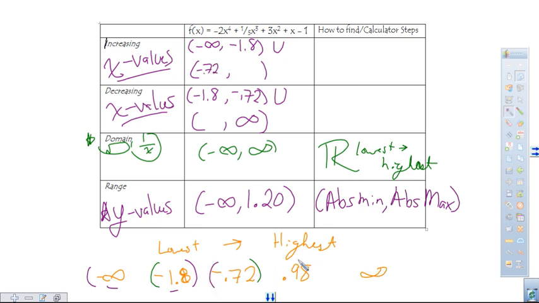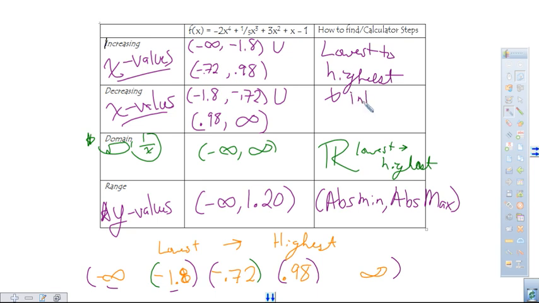And I'm going to stop increasing at 0.98. And if I stop increasing, then I start decreasing. And there's my last interval. Okay? So this is always lowest to highest and interval notation.